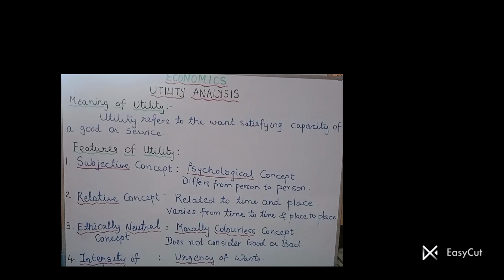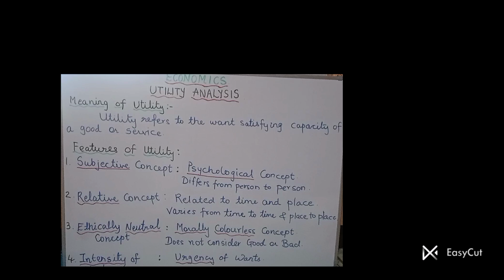Point number 4, next point, intensity of wants. It means utility of a commodity depends upon the intensity or urgency of wants. If the consumer's want is more urgent, greater the intensity of want, a person finds higher utility from the commodity. Similarly, if the intensity of want is lesser, the consumer finds lesser utility from the commodity.